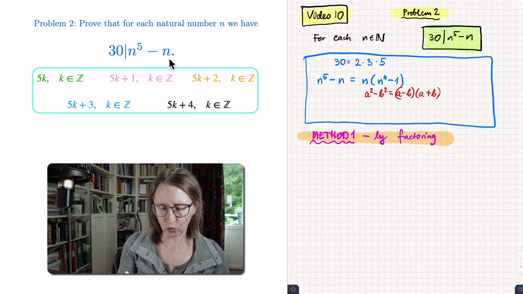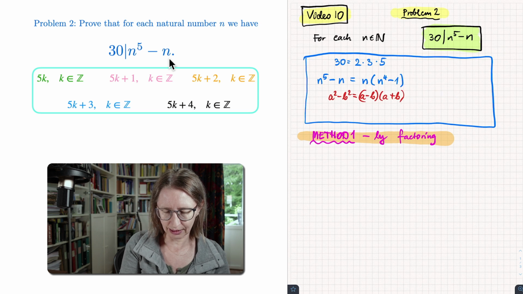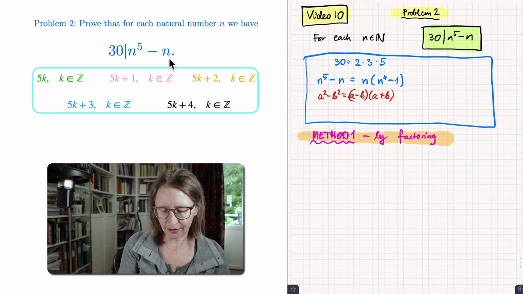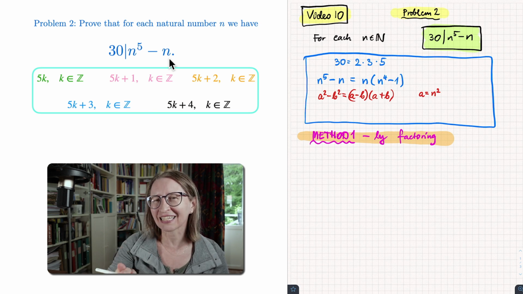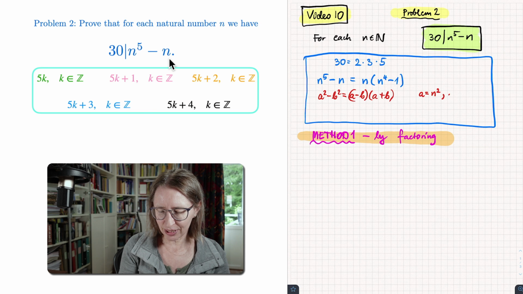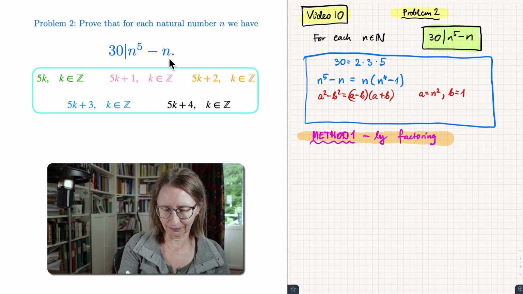This time with a equal to n squared, because n to the fourth is n squared squared, and with b equal to 1. I get n times n squared minus 1 times n squared plus 1.